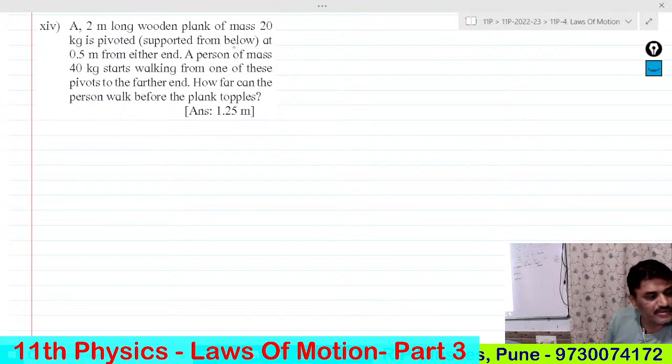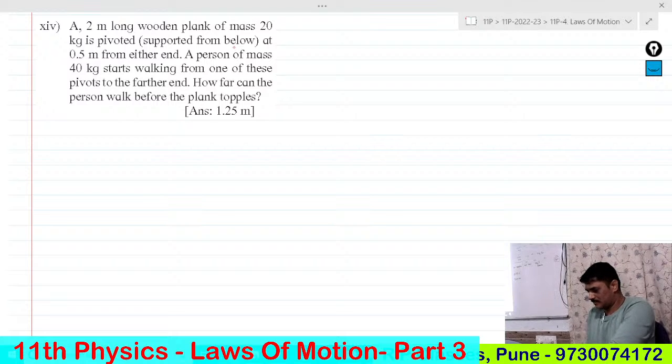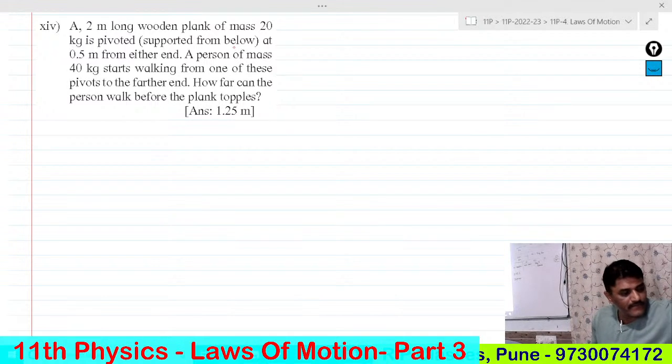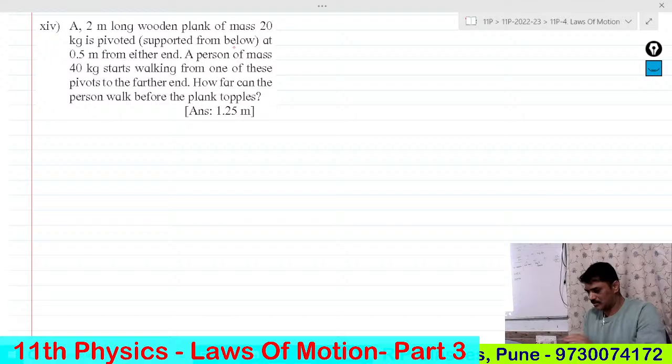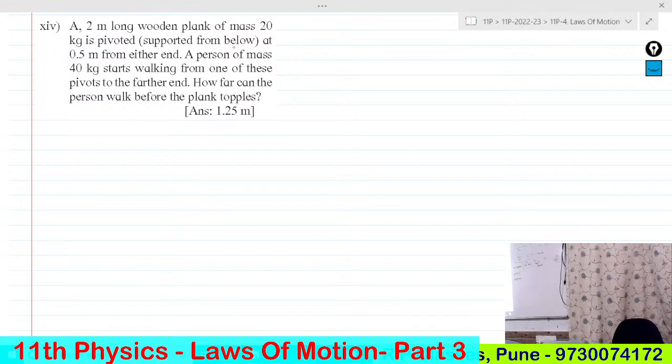I'll just show it to you. This cannot balance. Put something here, these are the staples. Which one will have more weight of the two? The staples will have more weight, right? Both are balanced. How did it balance? Did you understand?